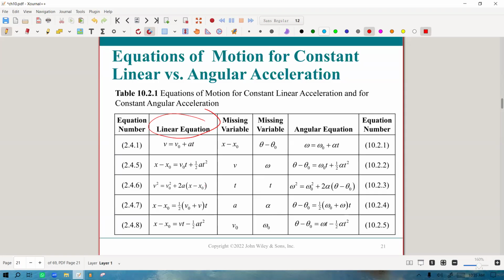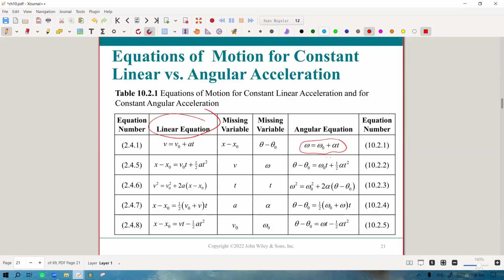Okay, so for rotation, this is the similar equation. We can use omega, it means we change velocity v to omega. Omega is equal to omega 0 plus alpha t. And then delta x, or the displacement, equals v0 times t plus half a t square.